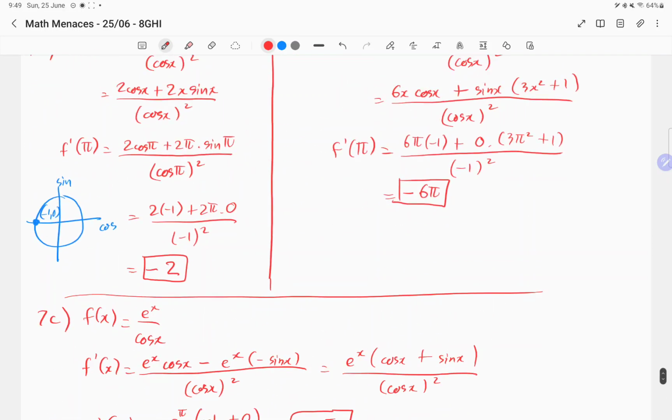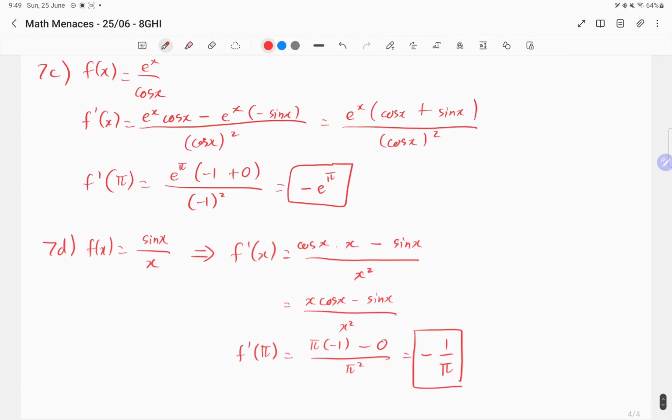Okay, which one are you up to now, Sam? 7C? Okay. And this is the sheet for next chapter. Some application questions.